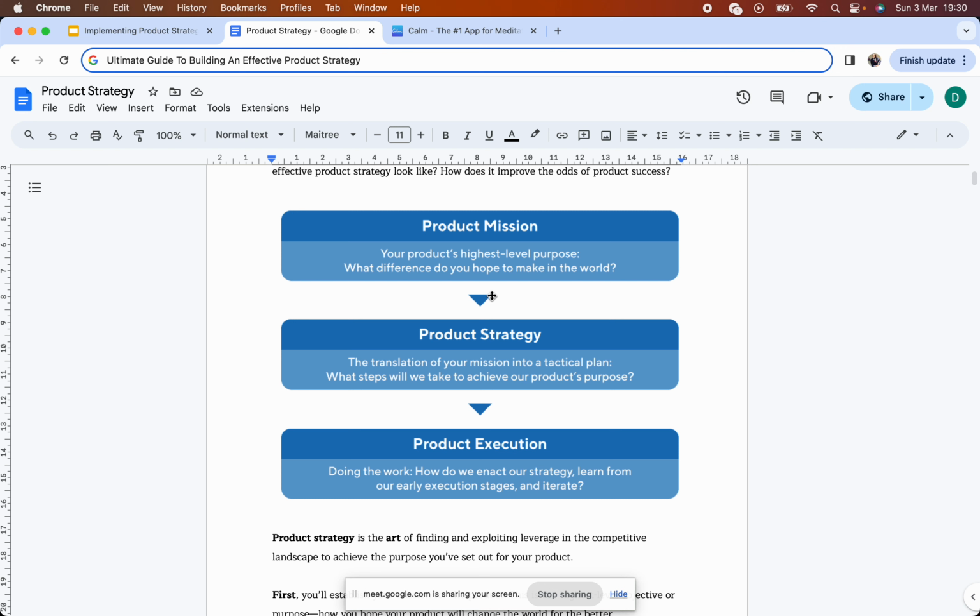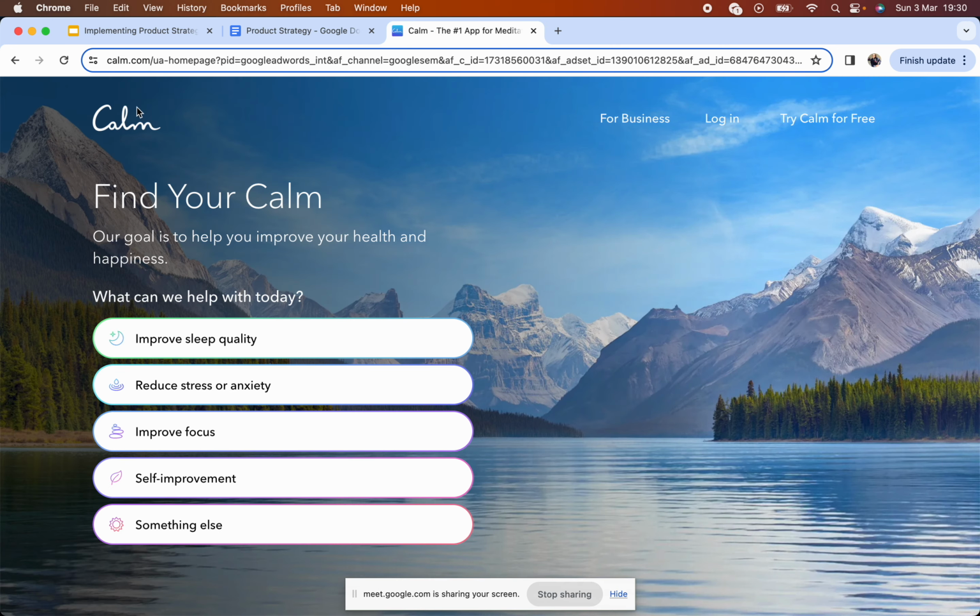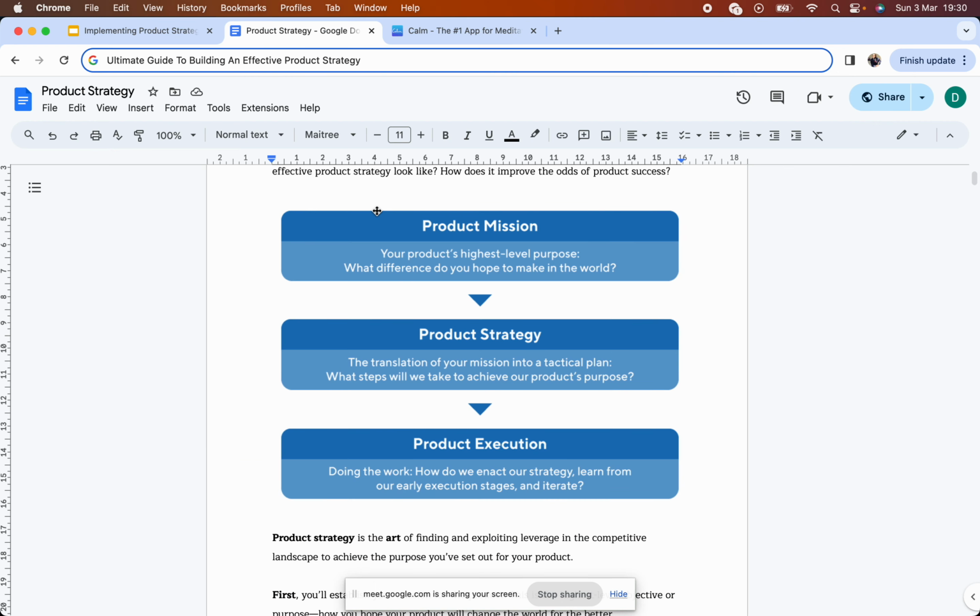WhatsApp would have a wider company mission, and they will also have a product mission. This company here would have a wider company mission, and they will also have a product mission. So all companies have a product mission.